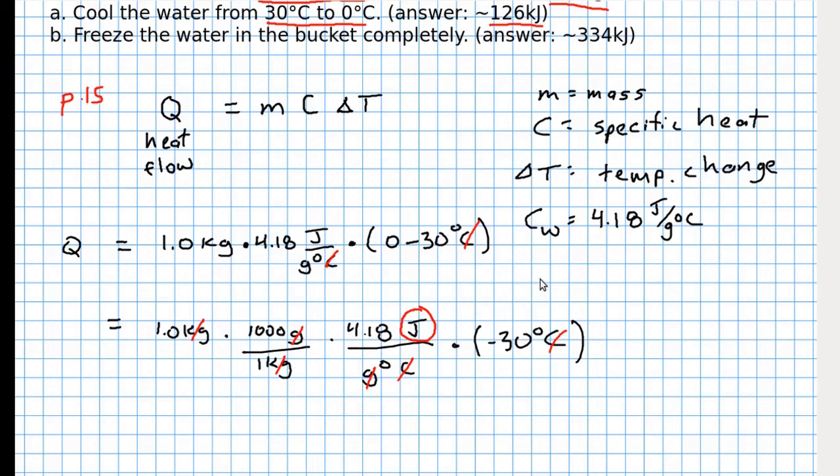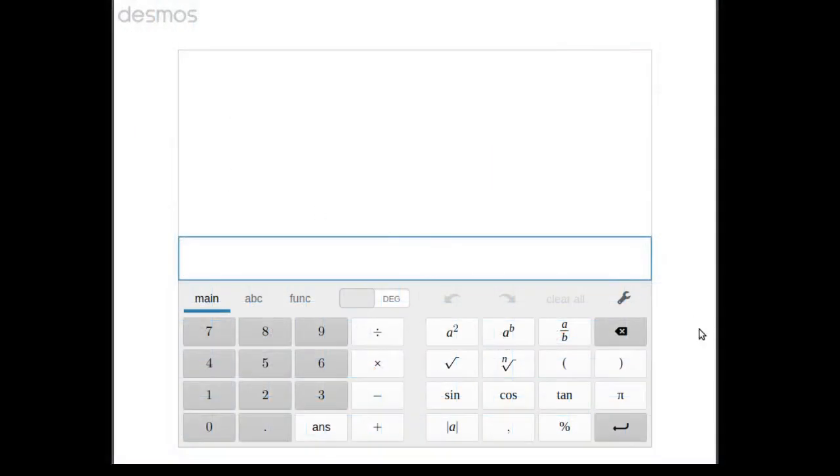So let's see. I want 1 times 1,000 times 4.18 times negative 30. And you get negative 125,400. Okay. Negative 125,400.